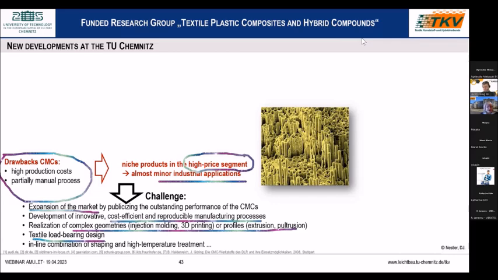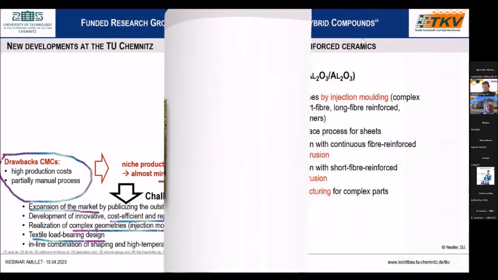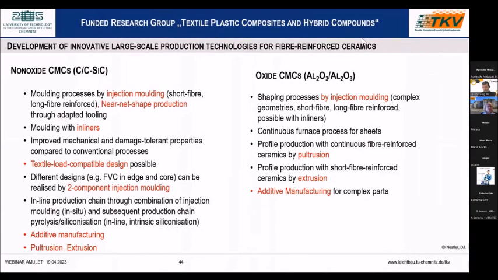And these are our tasks here at the Chemnitz University in my research group. You see this here in this table. We work in injection molding processes for near-net shape production. We try to produce the products with inliners for a load-compatible design.